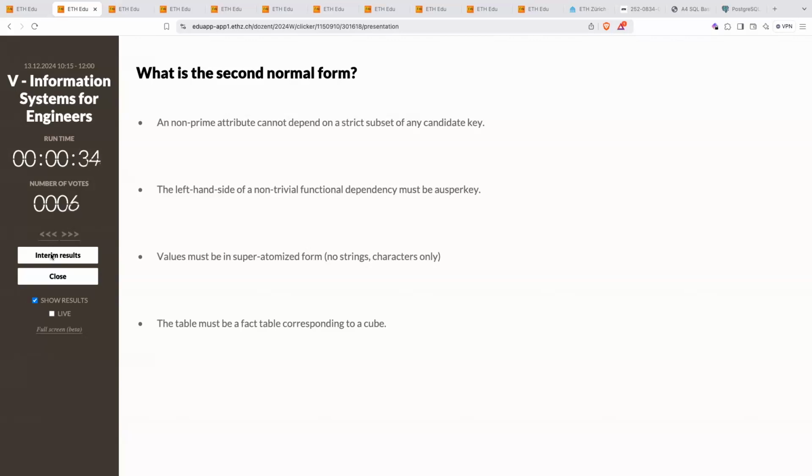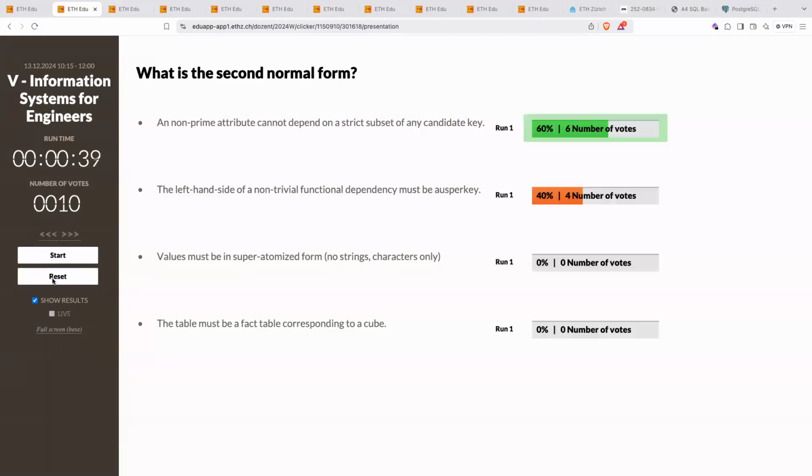A also? Oh, you said B? So what is B? What kind of normal form is this? Boyce-Codd. Yeah, that's the Boyce-Codd normal form.